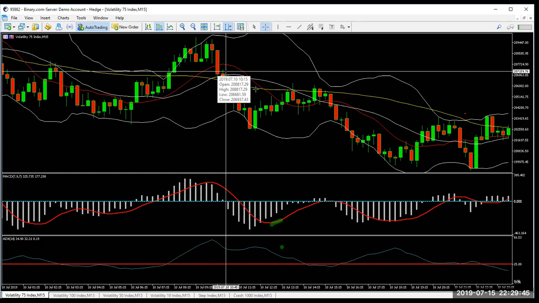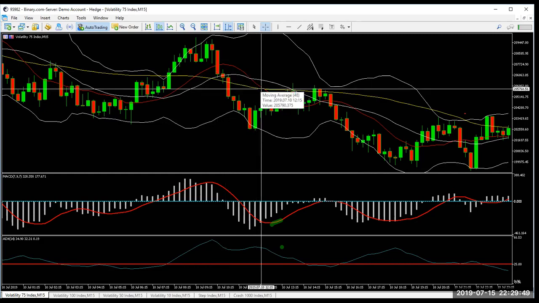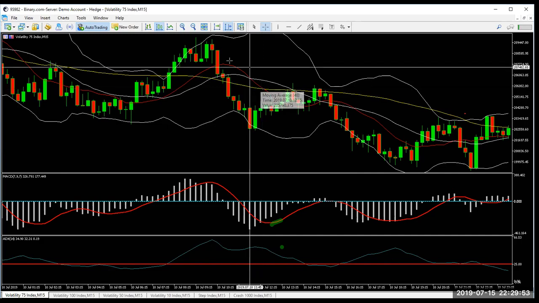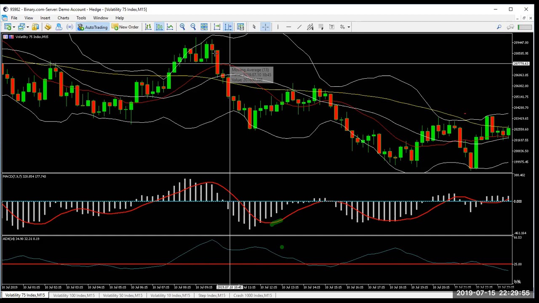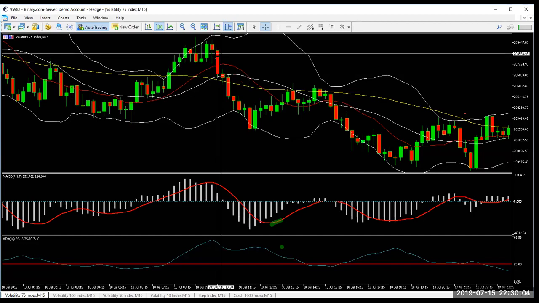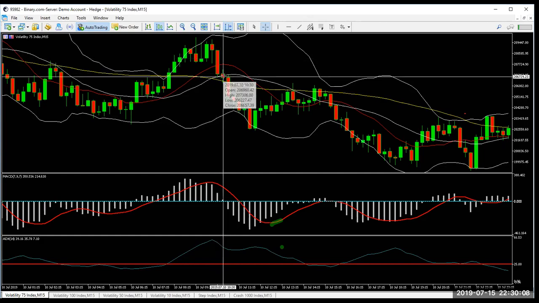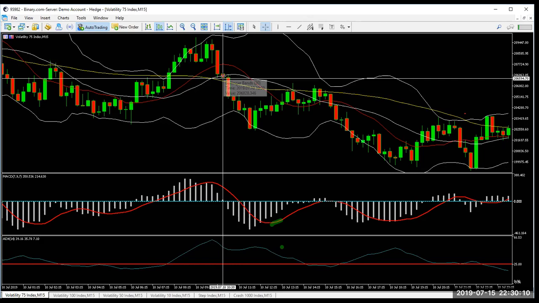In short, this yellow 48 moving average, you can actually remove it. It doesn't really do much on the trade. But this 13 moving average, once the candle breaks it, then there's most likely gonna be a strong move in that direction. So this candle broke the 13 moving average, and this small candle here broke the middle Bollinger Band.